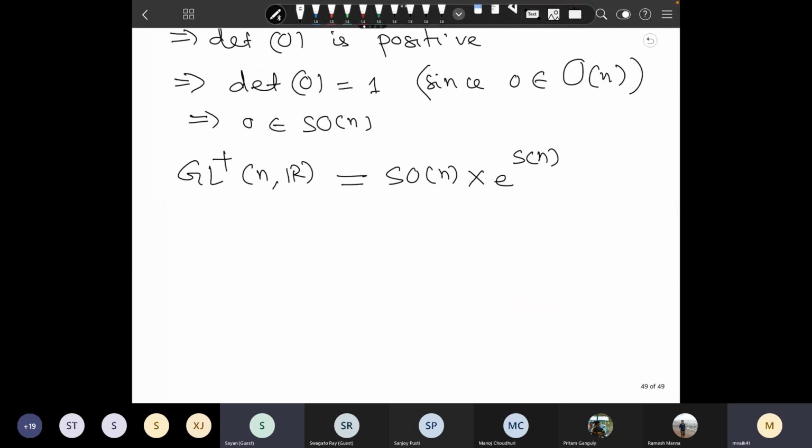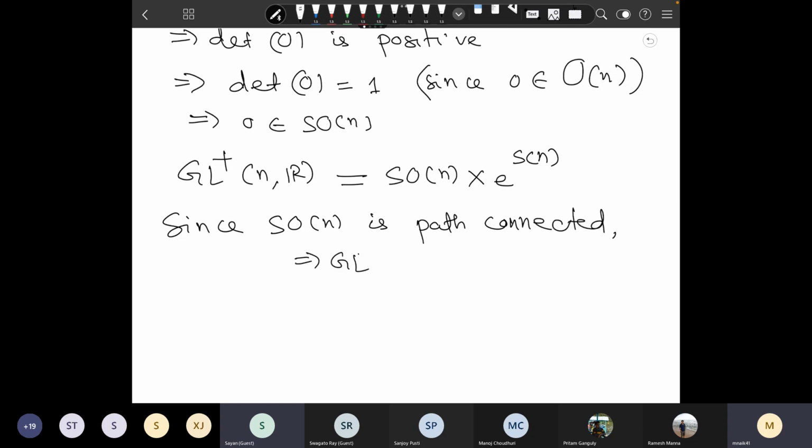So that means, since we have seen that SO(n) is path connected, this implies GL+(n,R) is path connected.